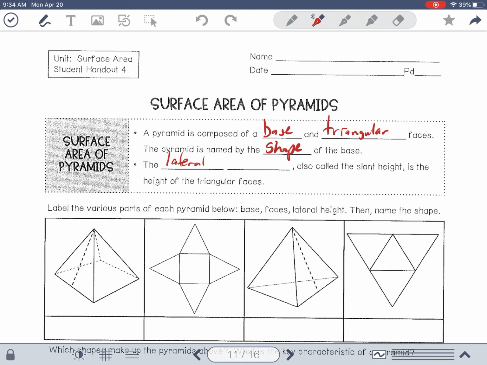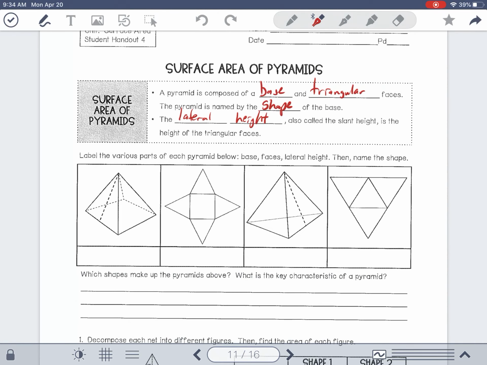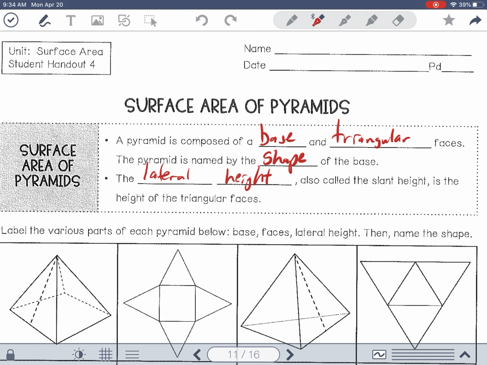And now the lateral height. You've got your phones on, you got your computers, look up lateral. But the height of the sides, which is also the slant height, that's the height of the faces, not the height of the shape. All right, and so we're going to come down here. I'll give you a second to take a picture of that.